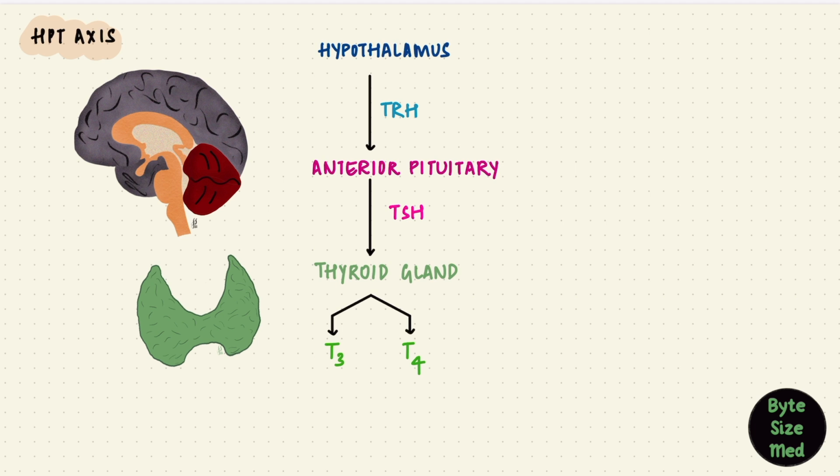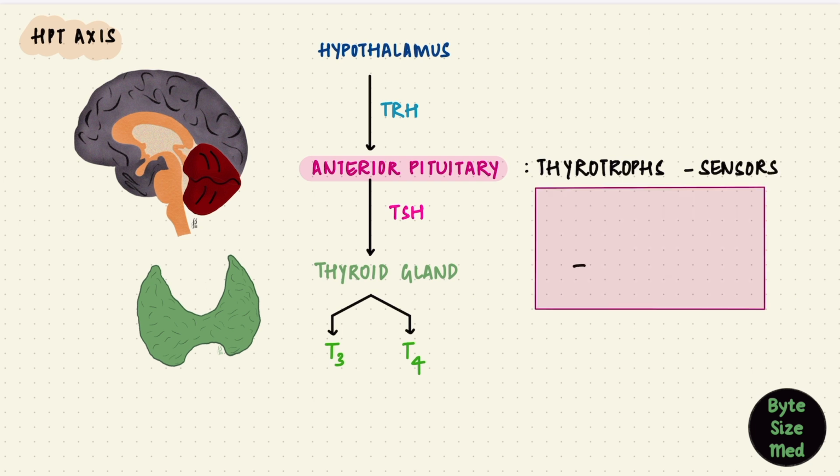How do they make all of this happen? The thyrotrophs of the anterior pituitary are sensors. They're mainly checking for T3. T3 enters either from the plasma or it can form inside the thyrotrophs directly. That's because the anterior pituitary has another type of deiodinase, the type 2 deiodinase, which has a high affinity for T4. It can convert T4 to T3, sort of reflecting the circulation levels of T3.